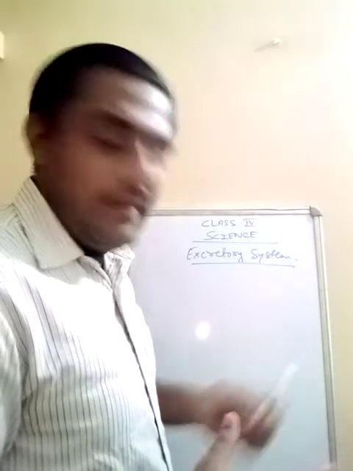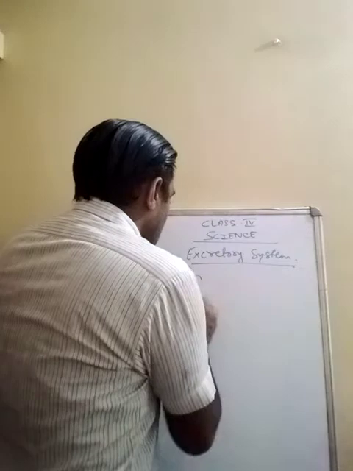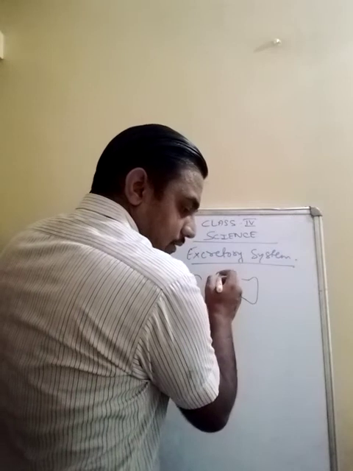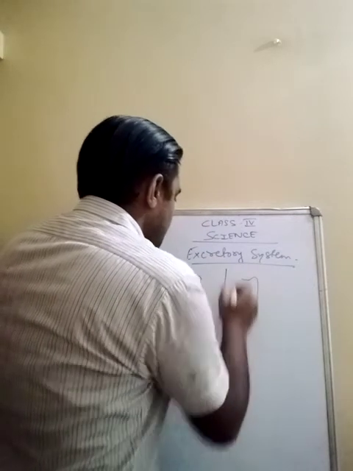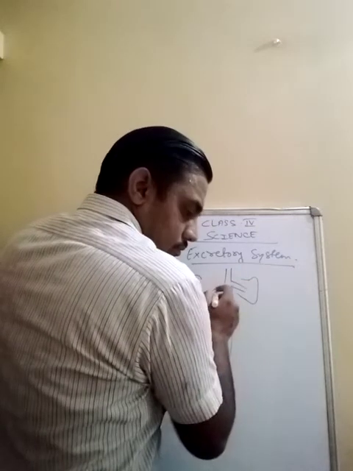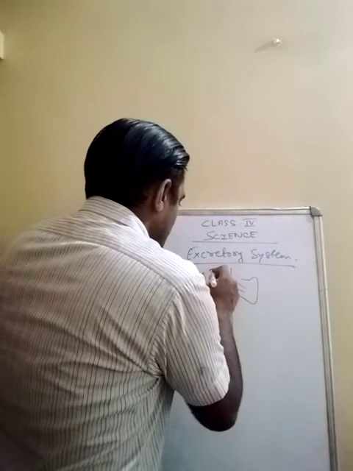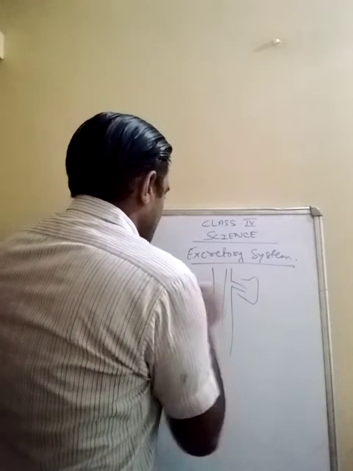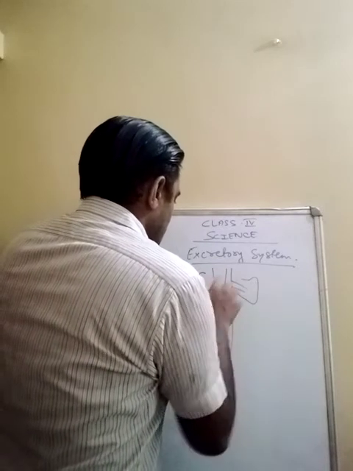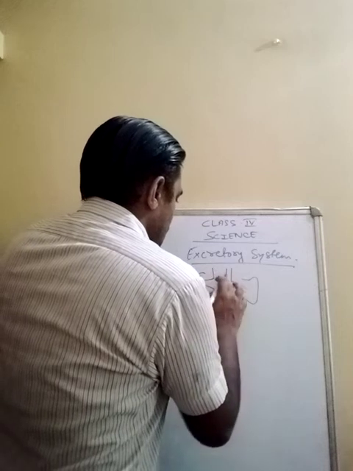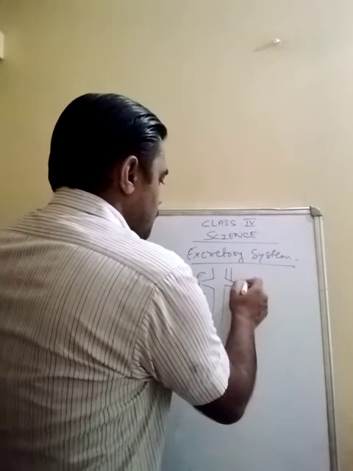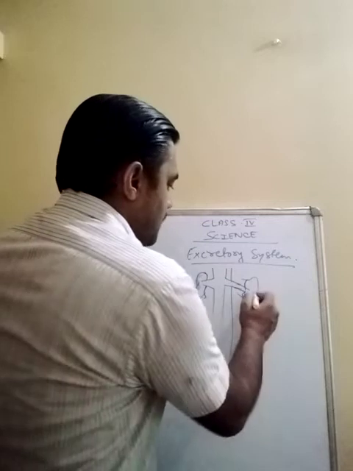Now, major organs involved in excretory system are two bean-shaped kidneys.